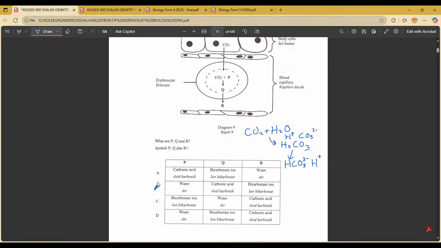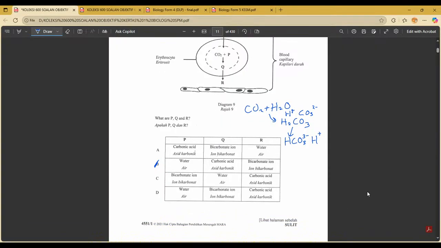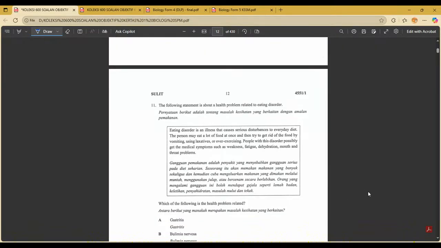I think probably right. Yeah, seems about right. If it seems right, then it's probably right. Probably, hopefully. Okay, what's this?